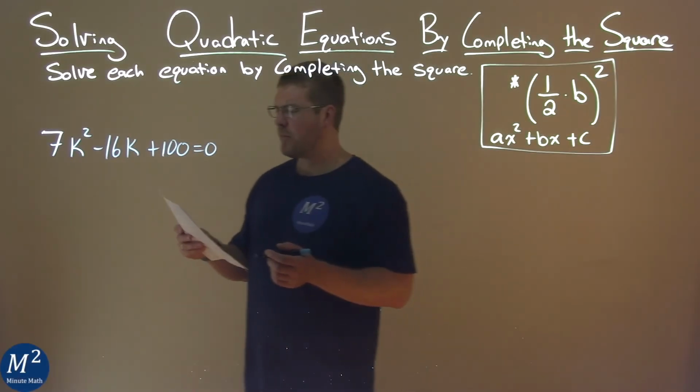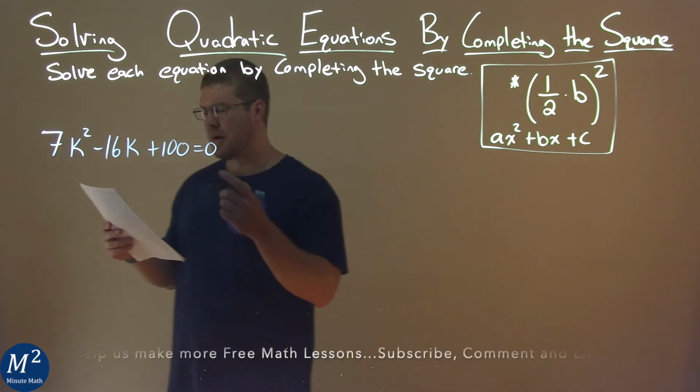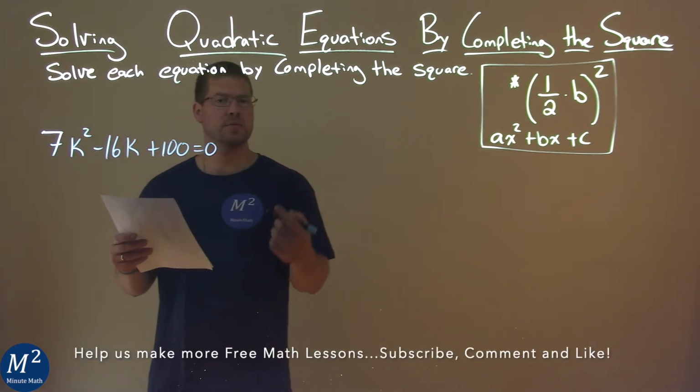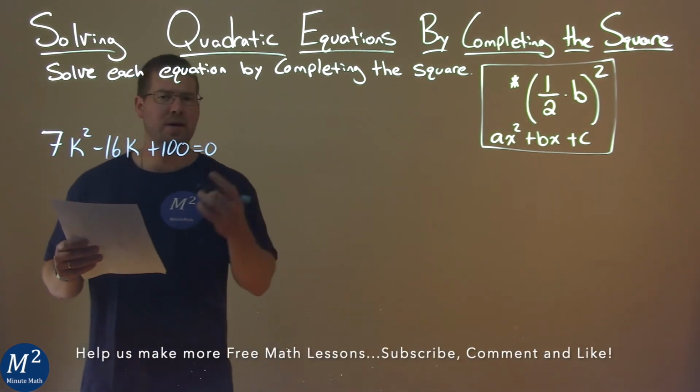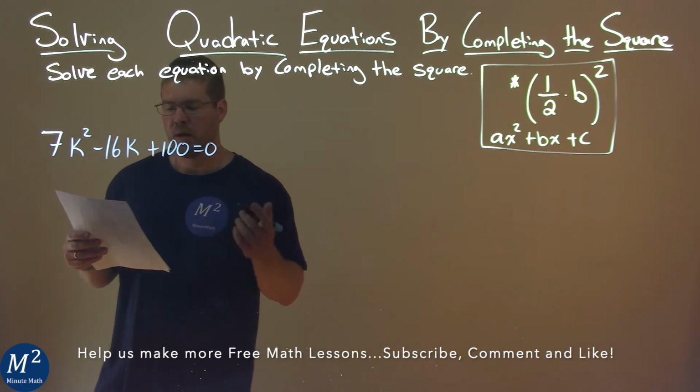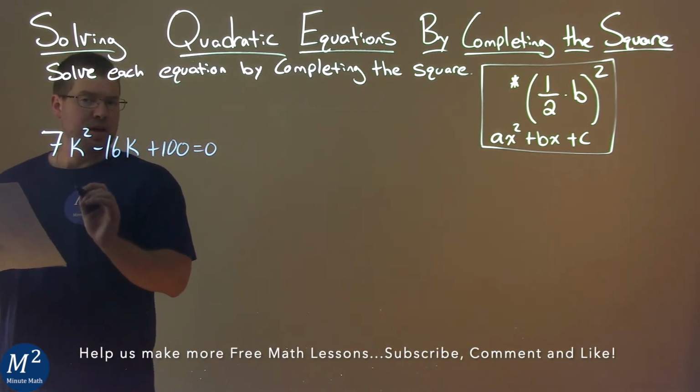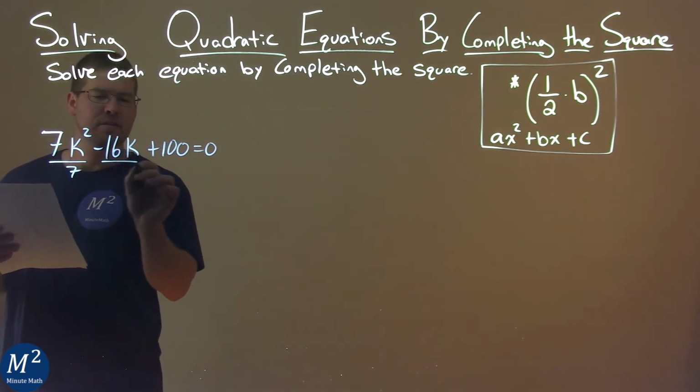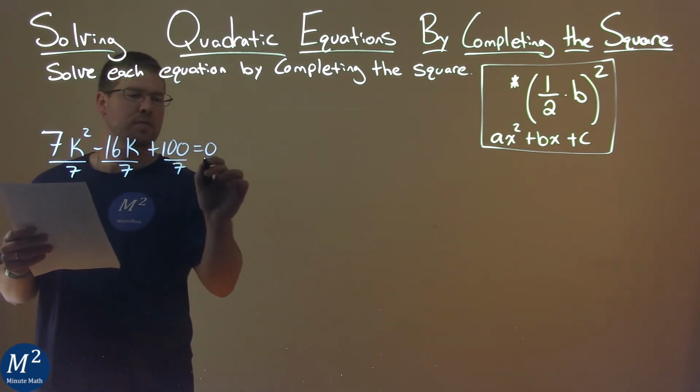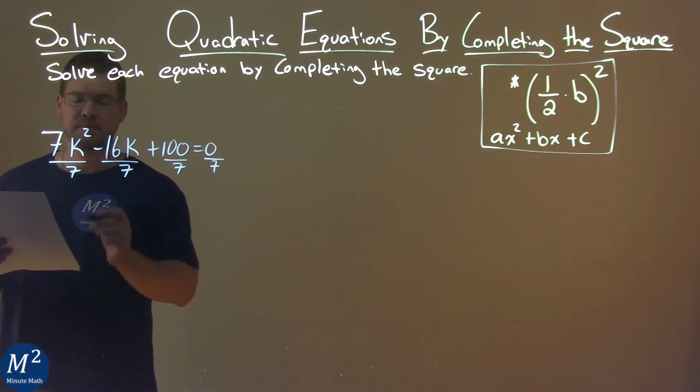We're given this problem right here, 7k squared minus 16k plus 100 equals 0, and we need to solve this by completing the square. I have an a value of 7. I'm going to divide that 7 to all parts, or really both sides of the equation.